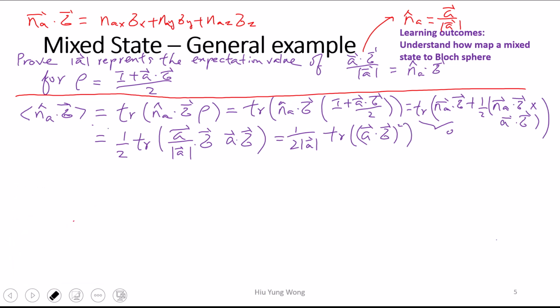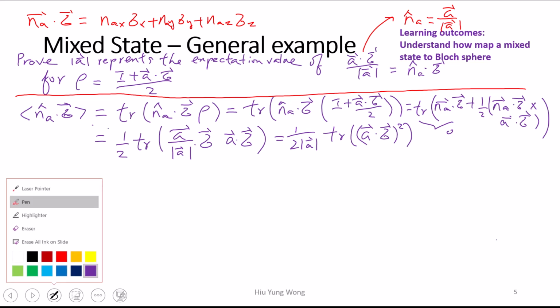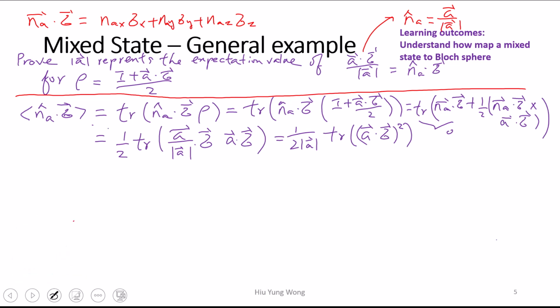This is a little difficult to evaluate, but if we expand it, then you will see the result. What is A dot sigma times A dot sigma again?